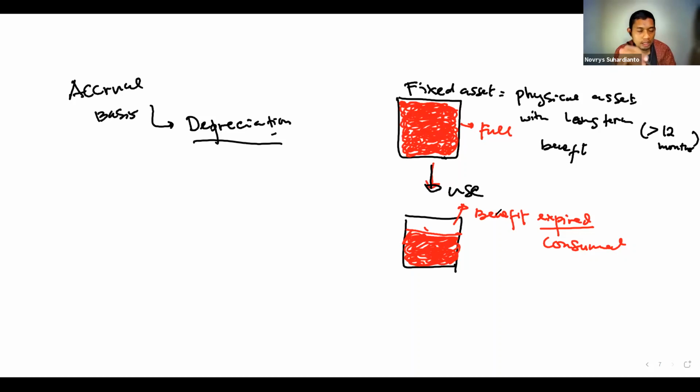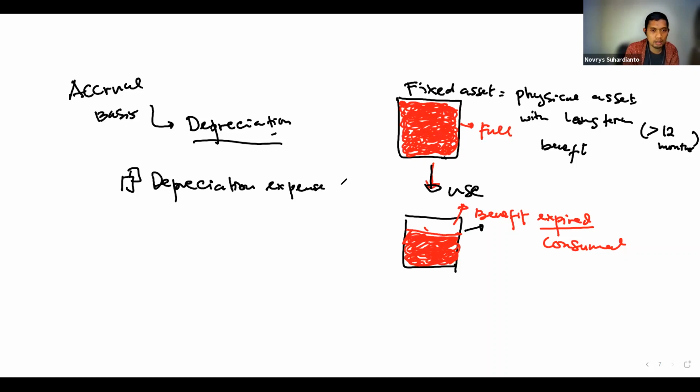So at the end of the period, the company should record an expense due to this consumption of the economic benefit. Then the company records depreciation expense. Depreciation expense on the debit side.